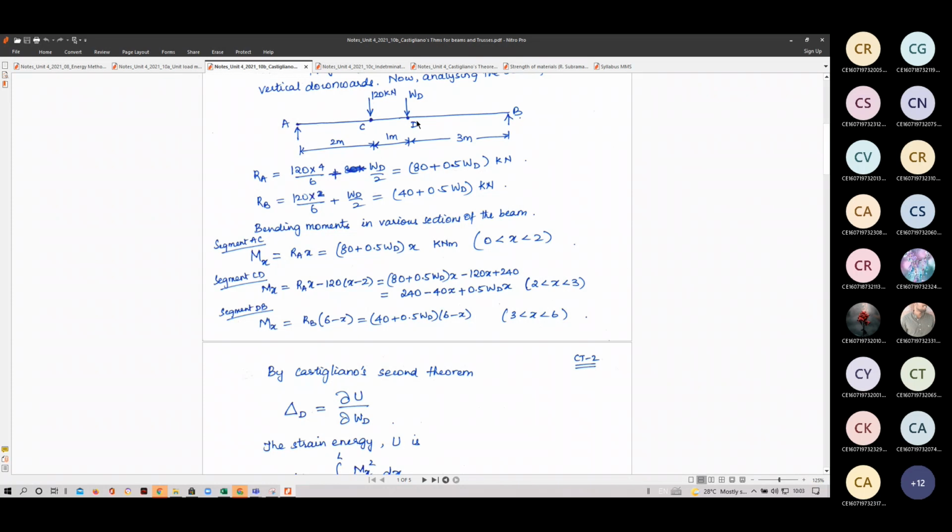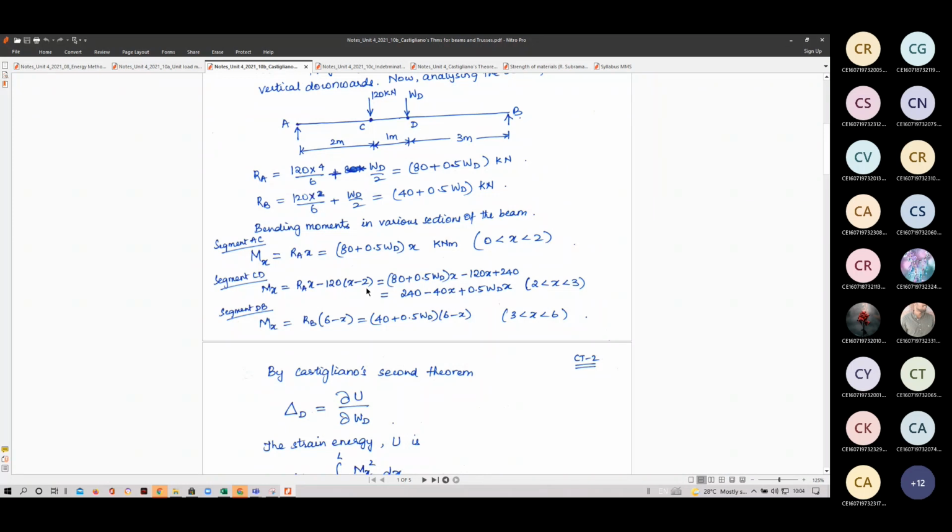Next segment CD. In segment CD, you have RA times X minus 120 into X minus 2. This X is at this distance. So at any point here, the bending moment will be RA into X minus 120 into X minus 2.